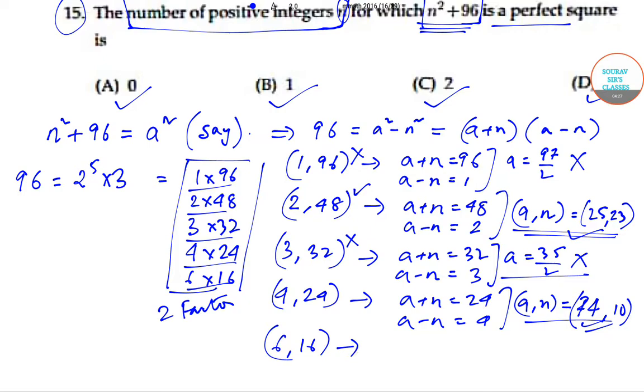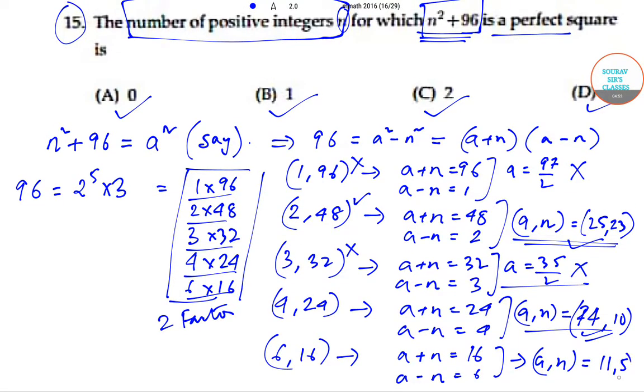In that case a plus n is equal to 16 and a minus n is equal to 6. So this gives us that a and n will be 11 and 5.